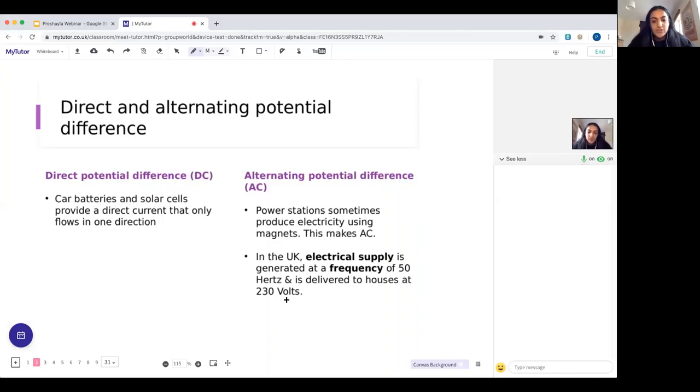So it's important that you know that the voltage of AC is 230 volts and the frequency of AC is 50 hertz. Although potential difference and current are different things, in this case they can be used interchangeably.